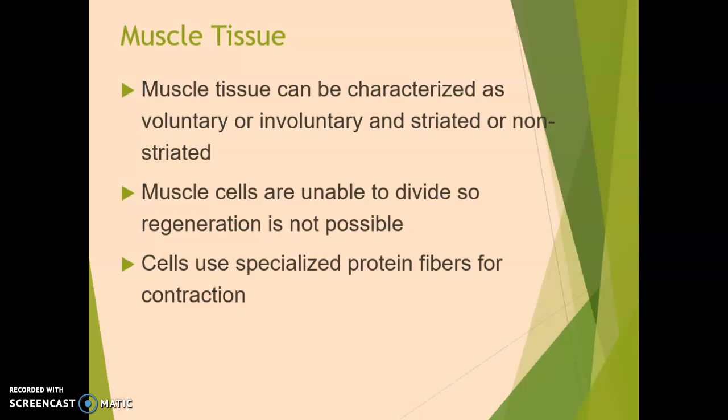Muscle tissue can be characterized as voluntary or involuntary, and striated or non-striated. Muscle tissues are unable to divide, so regeneration is not possible. So you're not just building and growing muscle all the time. Cells use specialized protein fibers, myosin and actin, for contraction.